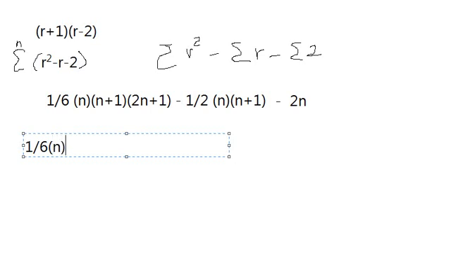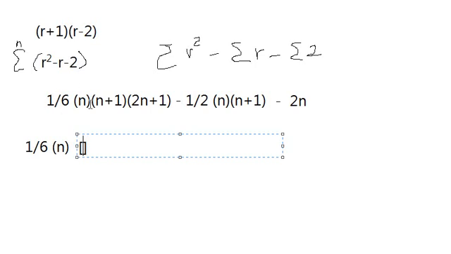Remember to put a bracket so that you didn't look at it as like 1 over 6n or something. Okay, so now we have factorized a sixth of n, so we have another big thing, and I'll use a square bracket actually.